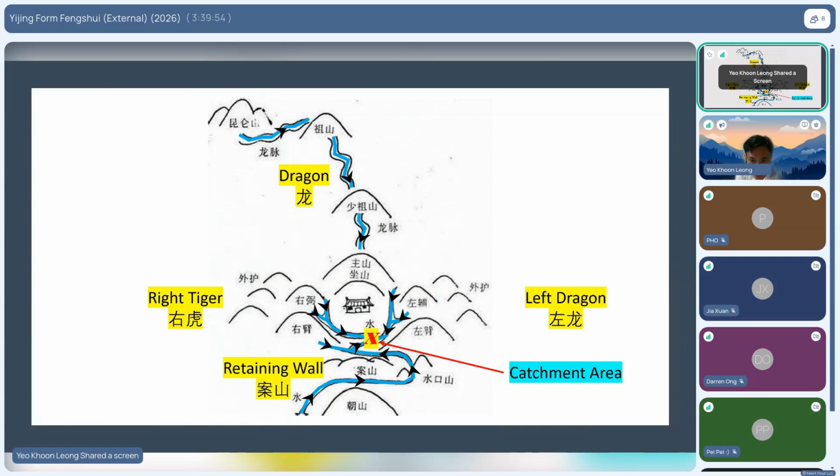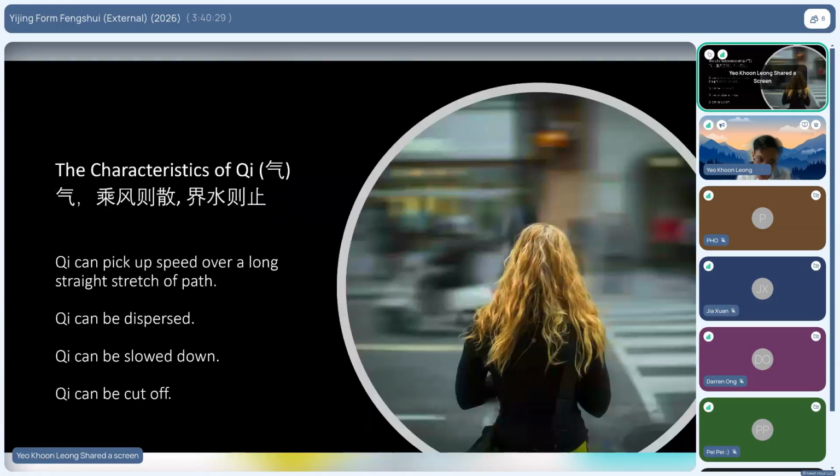And then we have the retention system, the retaining mountain to retain it. And when the incoming water comes in at the right place, this is where wealth can be formed and retained. So feng shui is not random. It is a system. You miss one part, the whole thing weakens. But when all parts align, that is when you start to see not just survival but accumulation, not just income but wealth. So to do that, we must understand the incoming qi, right?